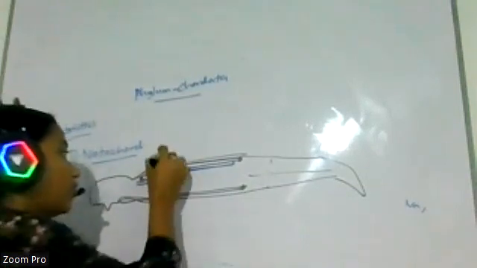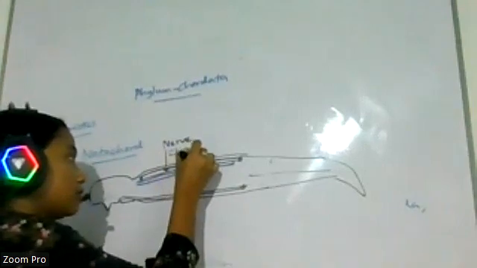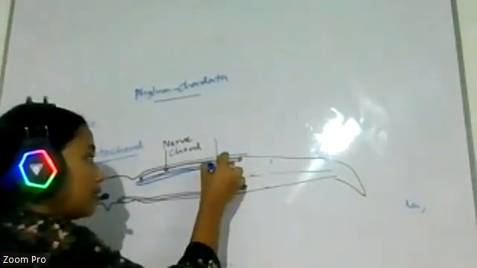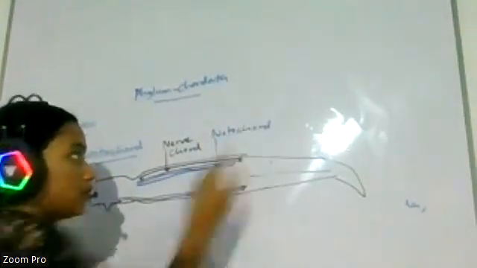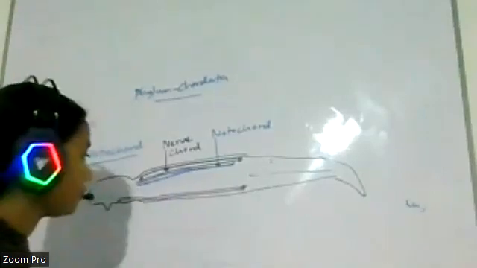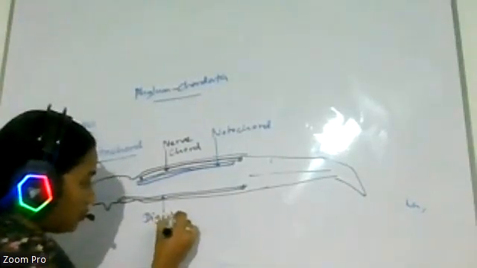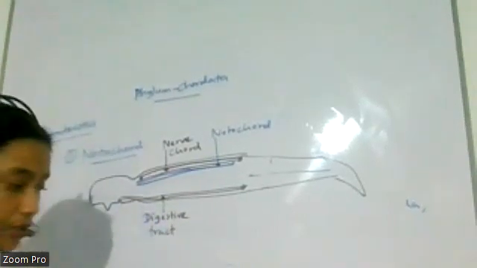This is the nerve cord. This is the notochord, and this is the digestive tract.